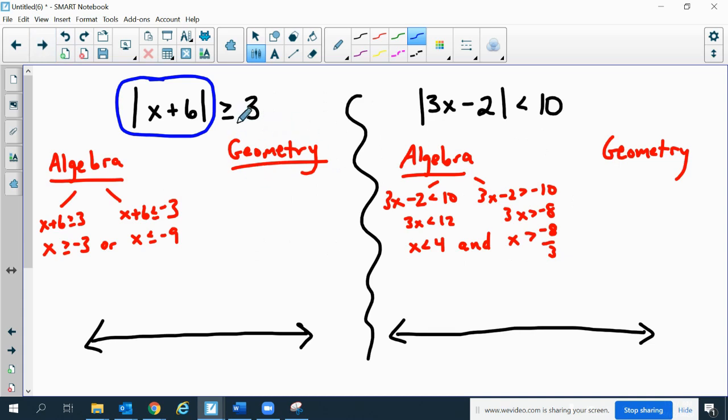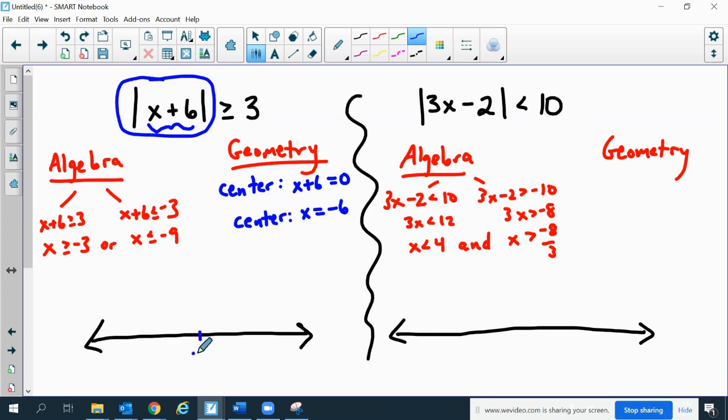So if I look at the geometry behind this situation, how do I figure out the smallest possible distance? Well, I have to make whatever's on the inside of the absolute value equal to 0. So in order to figure out the center of my graph, I would take x plus 6 and set that equal to 0. So the center of my graph is -6.